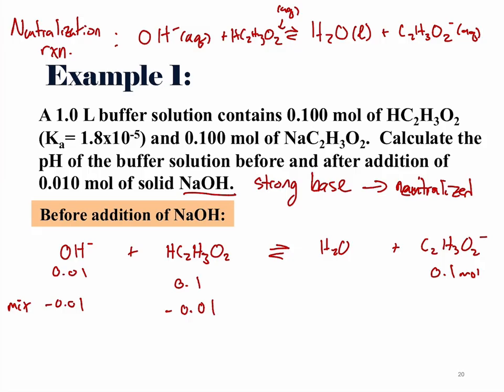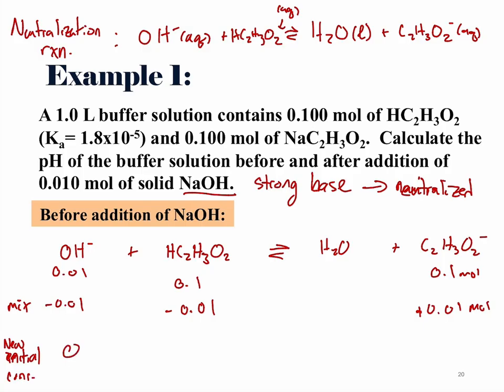Okay, and the reason that this is guaranteed to happen is that it's a very exothermic, favorable reaction. If you've ever done a neutralization reaction, usually the solution gets hot right away. And so then we add 0.1 mole, right? So we calculate these numbers to get our new initial concentrations, right?